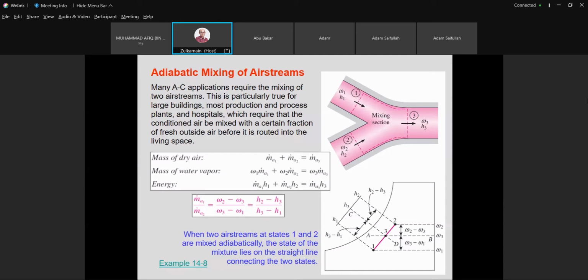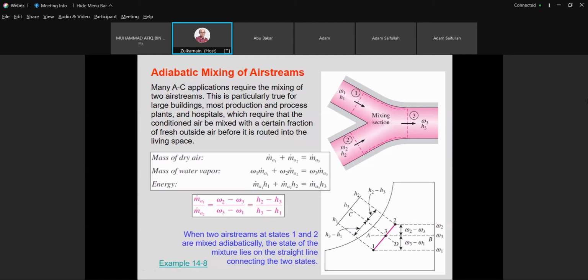Usually, for a centralized type of aircon system, we have the introduction of fresh charge air plus the return air. Let's say this is our fresh charge air at point 1, and state 2 is the recycle or return air.